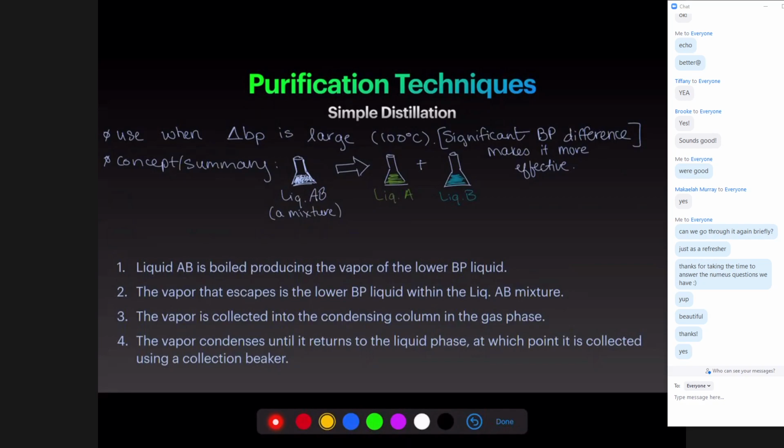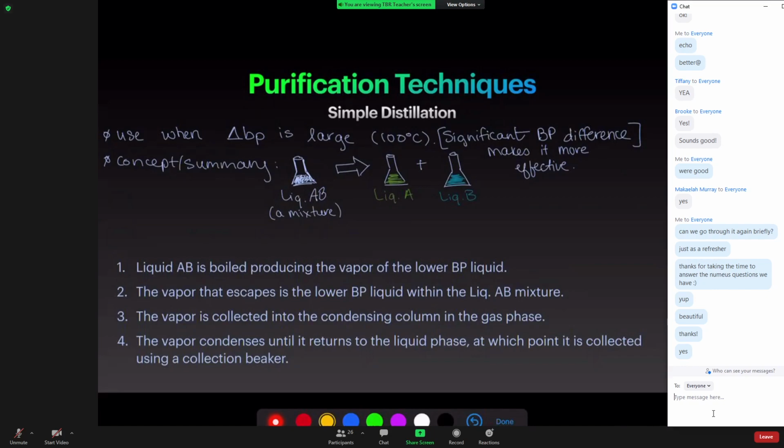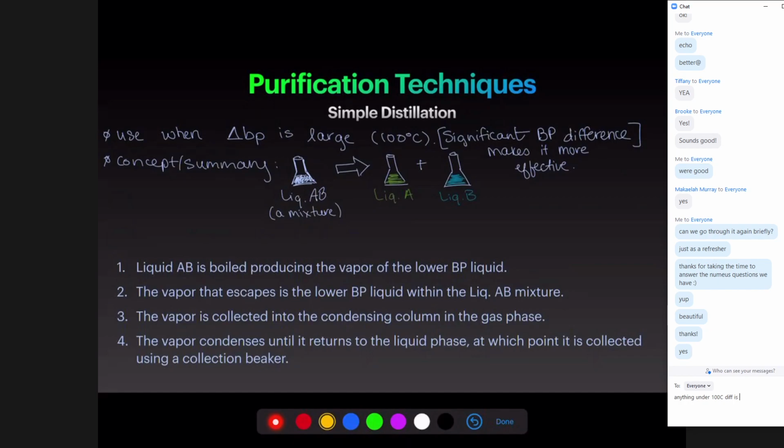So for purification techniques, this is specifically simple distillation. The key to simple distillation is that it's used when there is a large change in boiling point. So the difference in boiling point is large, at least 100 degrees Celsius different. Okay, so in a flask, you'll have liquid A plus liquid B, a mixture.